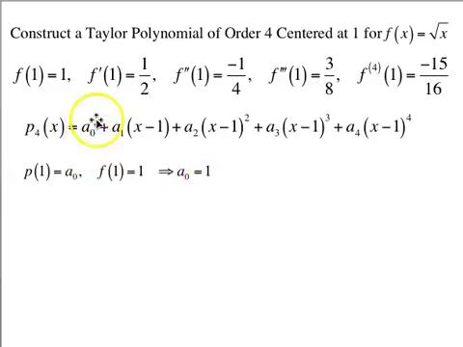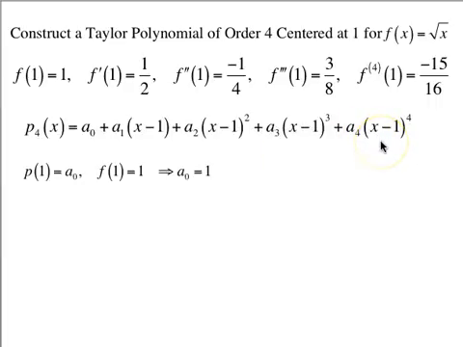Next up is our derivative. The derivative of a constant is 0. The derivative of a1 times x minus 1 is just a1. The derivative of x minus 1 squared is 2 times x minus 1 to the first times the derivative of the inside, which is just 1. So I get 2a2 times x minus 1. The derivative of this piece will be 3a3 times x minus 1 squared times the derivative of the inside, which is just 1.